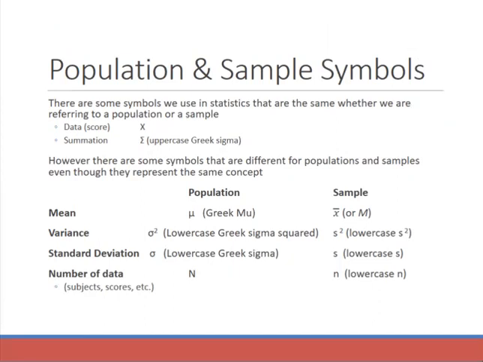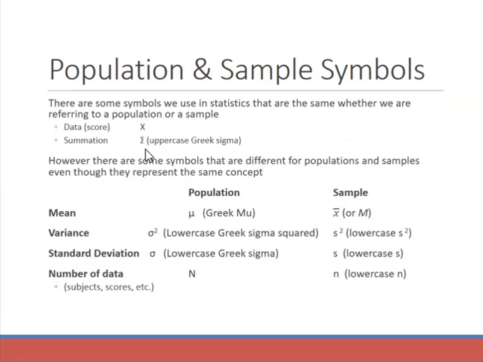There are some symbols that are the same whether we're referring to a population or a sample. The data score is going to be X. Summation, the uppercase Greek letter sigma, means the same thing. We've covered summation notation in the first chapter.